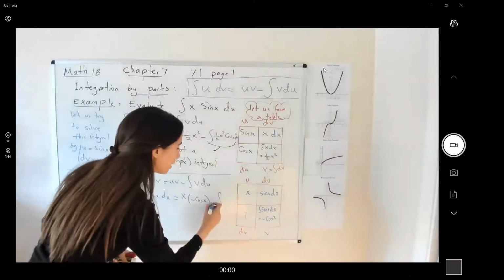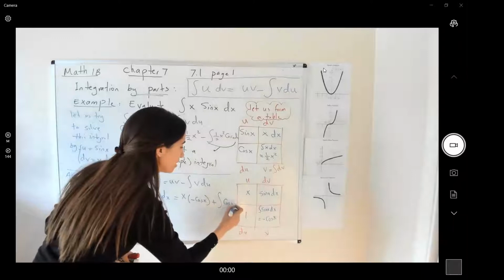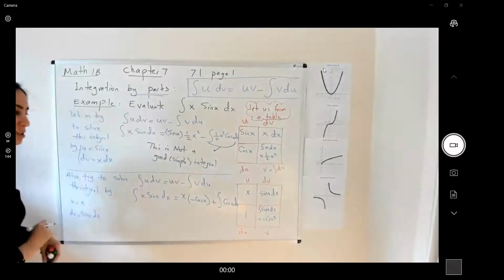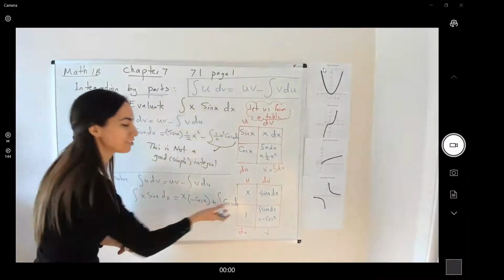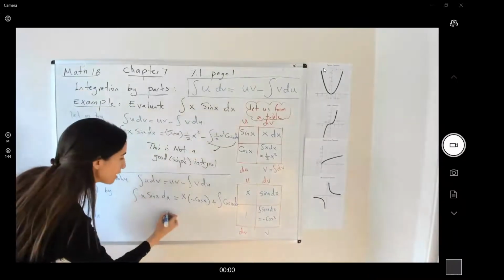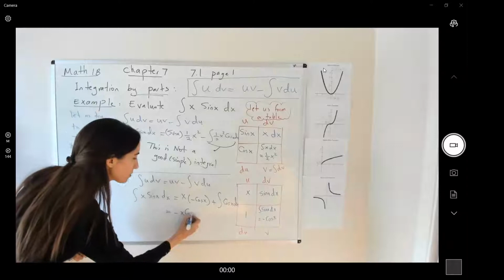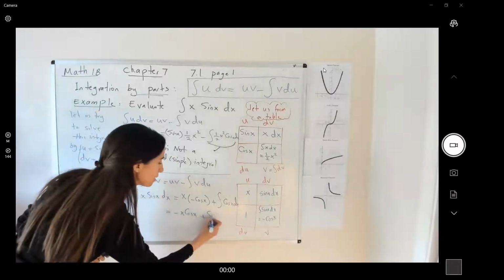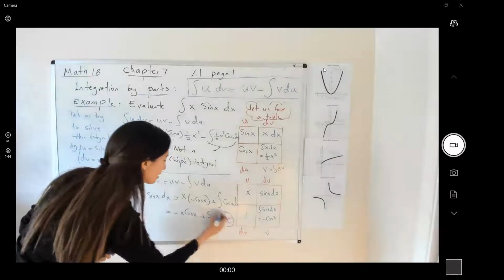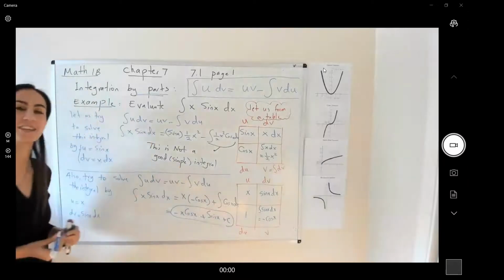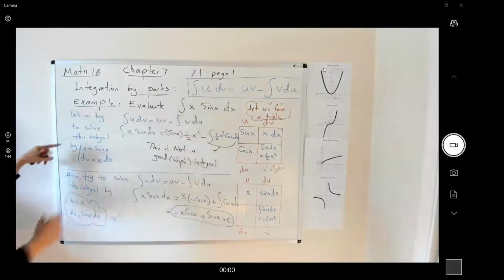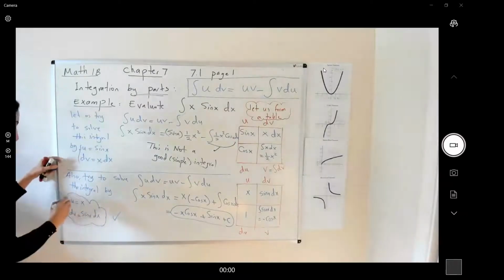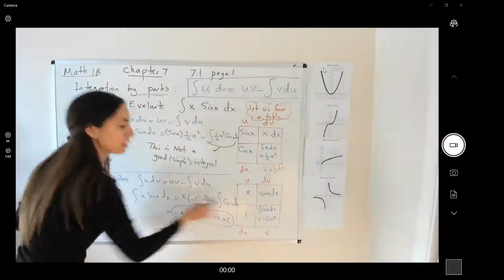So I have minus minus cosine, which is just positive cosine, and I already know how to find this integral. It's easy for me. So this integral is equal to minus x cosine x plus sine x plus a constant of integration. This is a better choice than the other because it gives me a simpler integral.